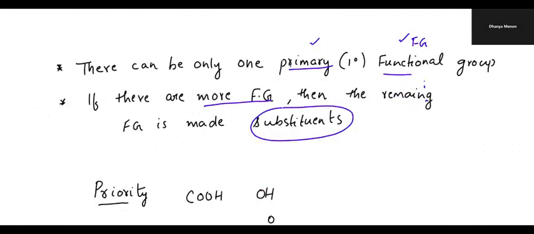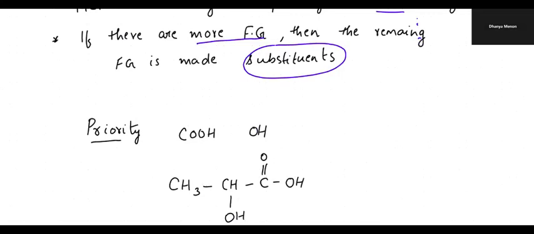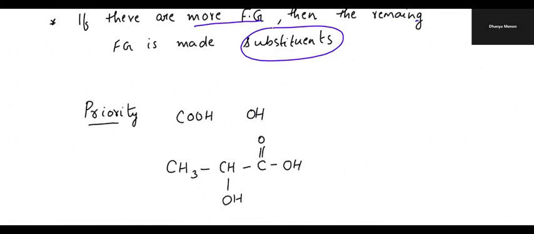For example, this is the acid and this is alcohol. The priority of acid is greater than that of alcohol. Okay.